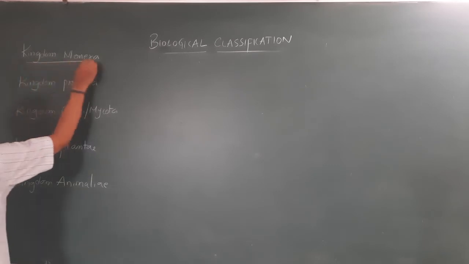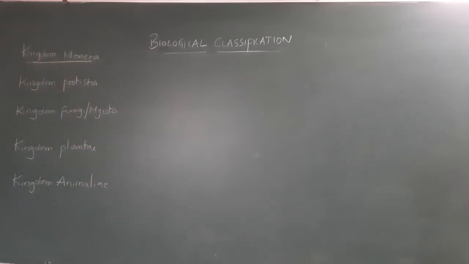These are the 5 kingdoms proposed by R.H. Whittaker. So this is the R.H. Whittaker 5 kingdom classification. So first coming to the Kingdom Monera.